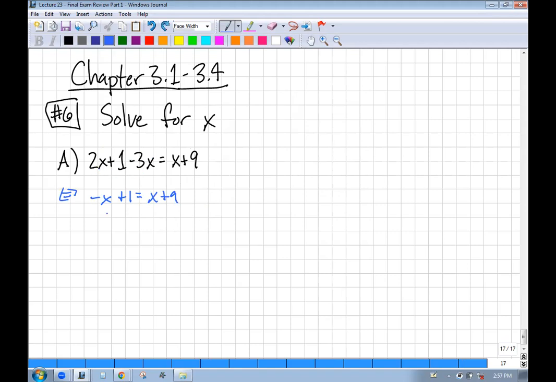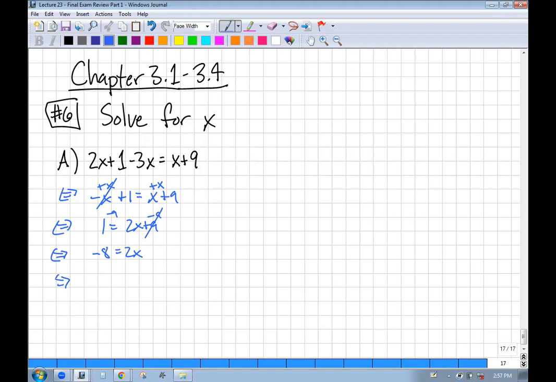Okay, now let's get all the x's to one side. It doesn't matter which side. Since the x's over here are positive, I'm going to put them on the right side. So if I just add x to both sides, I have 1 equals 2x plus 9. So I still want to get the x by itself, so let's get these 9's out of the way. So 1 minus 9 is a negative 8.